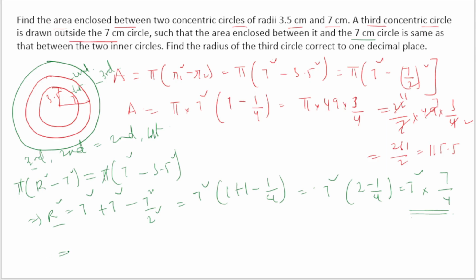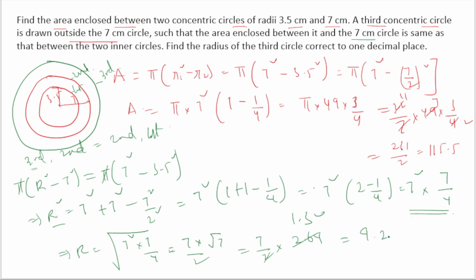So here r is equal to square root of 7 square into 7 by 4. It is 7 into root 7 divided by 2. It is 7 by 2 into root 7 value is 2.64. Here 2 into 1.32. So 7 into 1.32 is 9.24. This is the radius of the third circle. Radius of the bigger circle is 9.24.